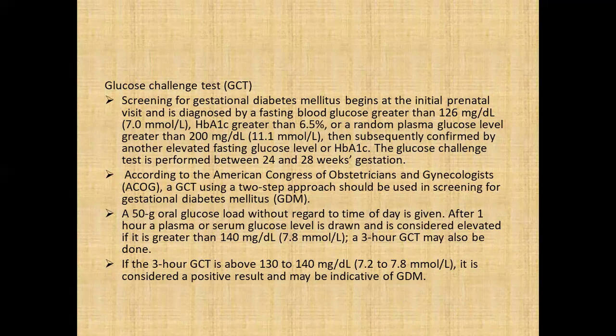And so anything more than 6.5 is a red flag. So when you do HbA1c and you are getting more than 6.5, it is a red flag. It indicates that your body is not metabolizing glucose well. Okay. And so if glycated is more than 6.5, we note that kind of woman.